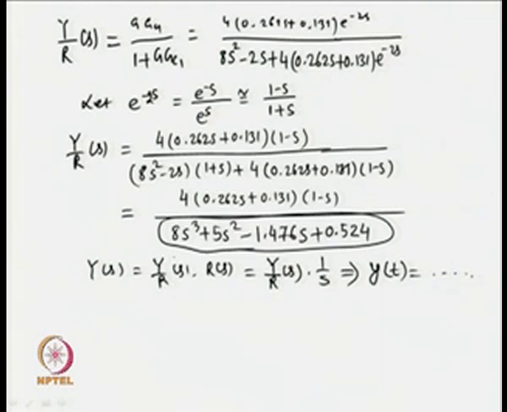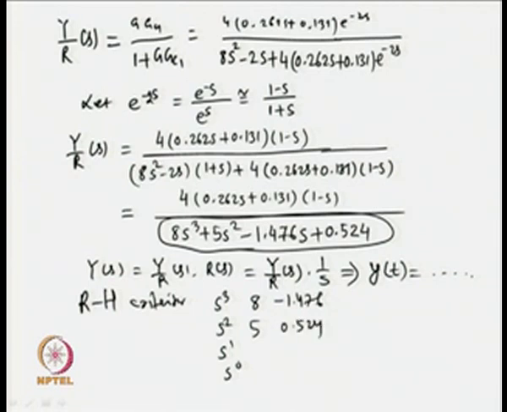If I look at the polynomial and make use of the Routh-Hurwitz criterion, the array is s cubed, s squared, s1, s0 with the coefficients 8, minus 1.476, then 5, 0.524, and the coefficient at this place will definitely be a negative value, and I do not mind what would be here.